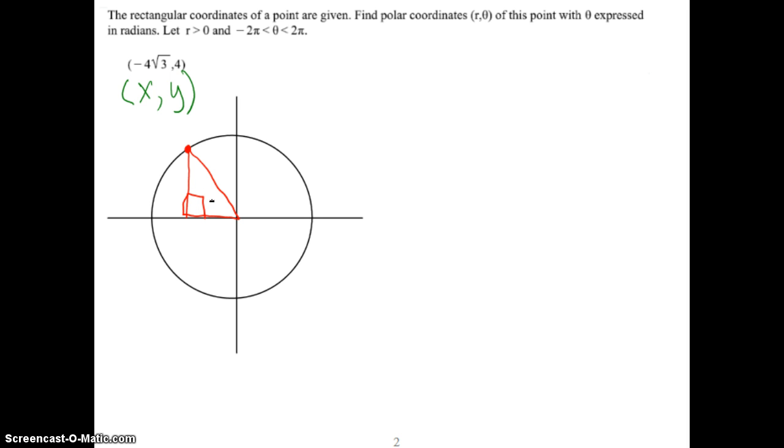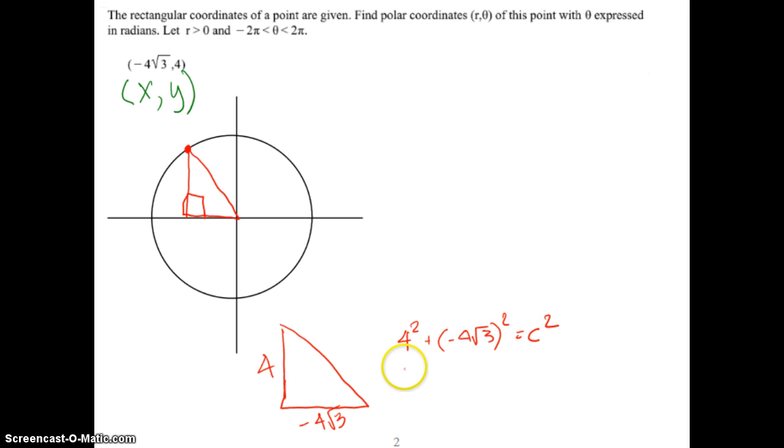And then I'll draw it a little bit bigger down here. And we know that our x value is negative 4 root 3 and our y value is 4. So if we want to get our hypotenuse, we use the Pythagorean theorem, so we say 4 squared plus negative 4 root 3 squared equals c squared. 16 plus 16 times 3 equals c squared.